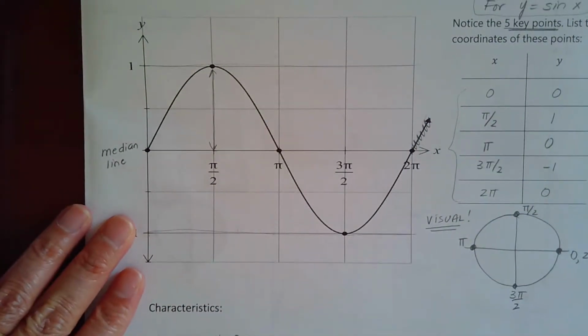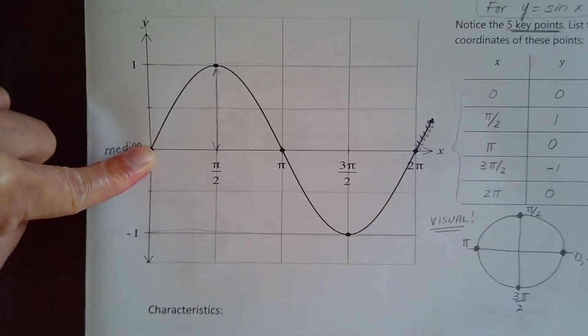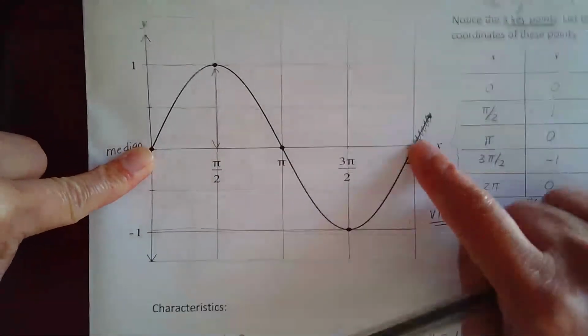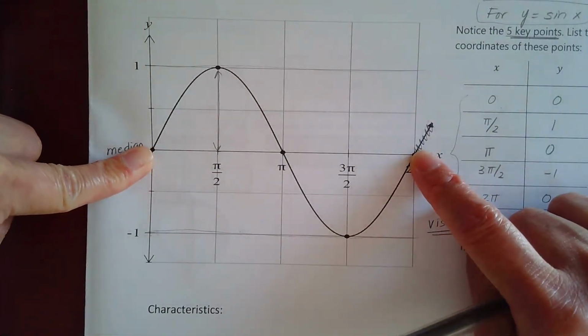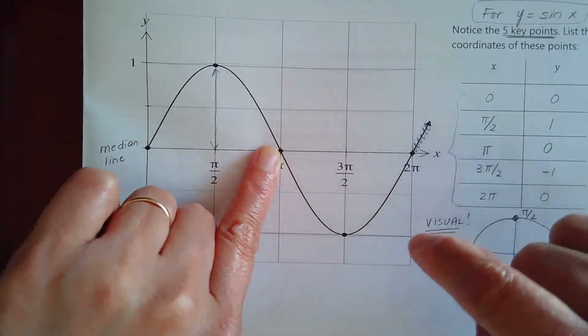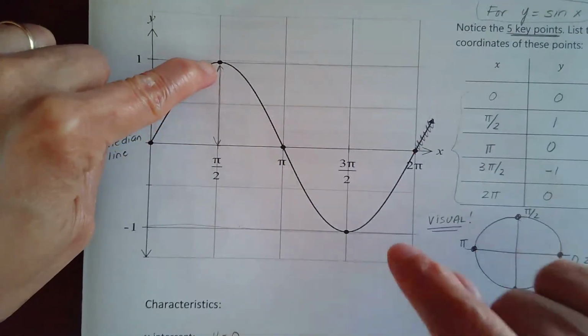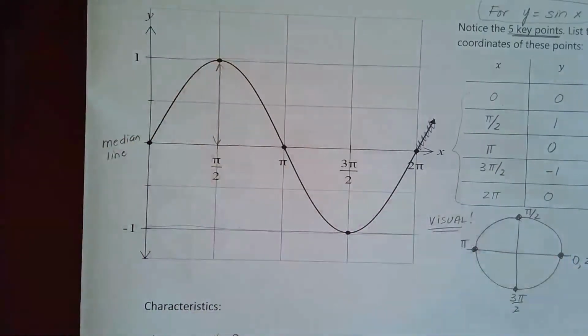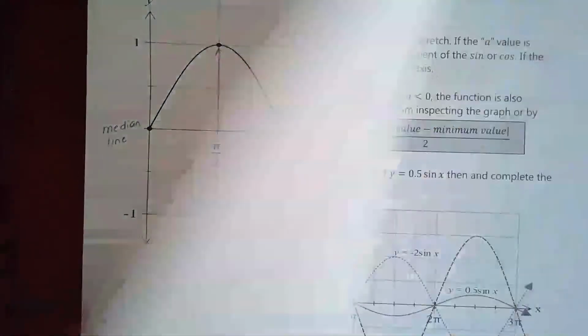Sine, we're starting at 0 and ending at 0. In the middle is 0, and then the first one would be maximum and then minimum. So there you have it.